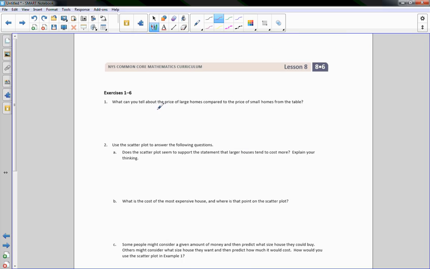So what I would say here is, the larger the house, the more it costs.